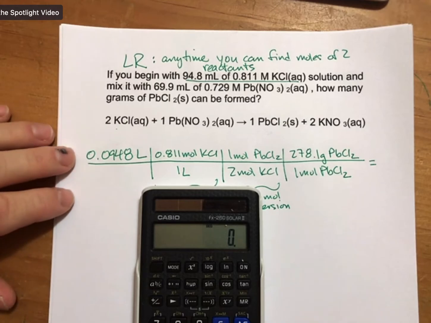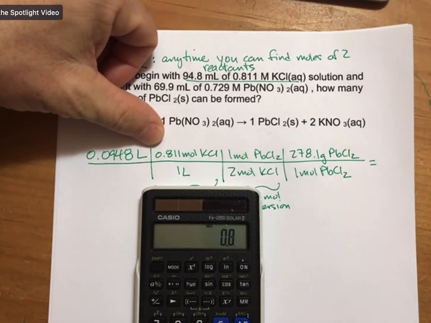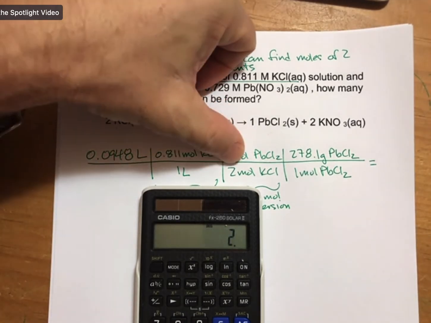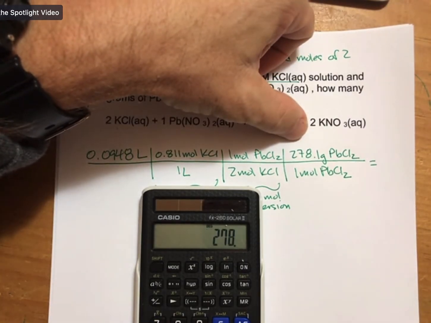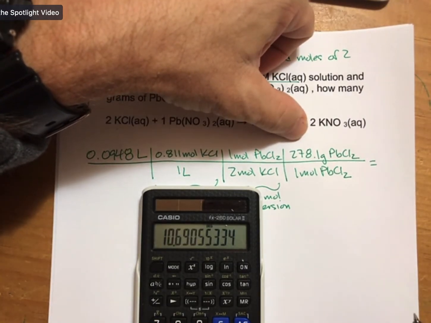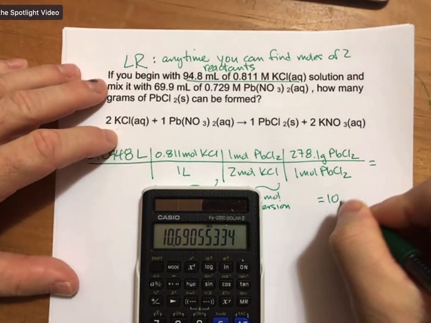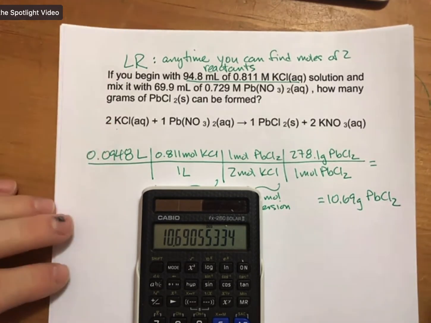Let's go ahead and do that. I have 0.0948 times 0.1811 divided by 2 times 278.1, and I get 10.69 grams of lead 2 chloride.